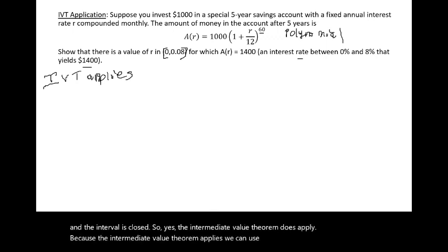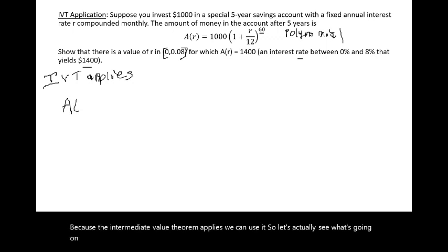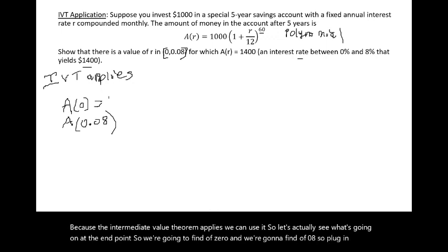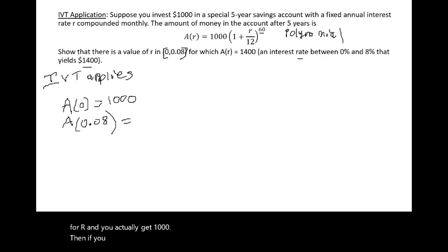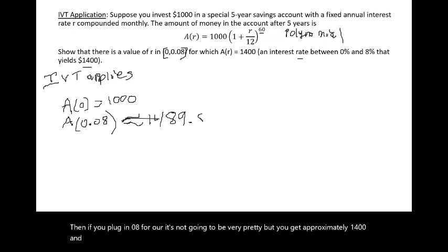So let's see what's going on at the endpoints. We're going to find A of 0 and A of 0.08. I'll plug in 0 for R and you get 1,000. Then if you plug in 0.08 for R, it's not going to be very pretty, but you get approximately $1,489.85.